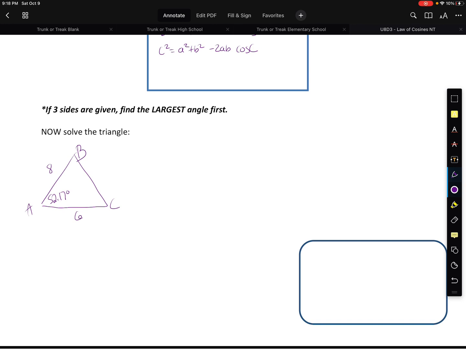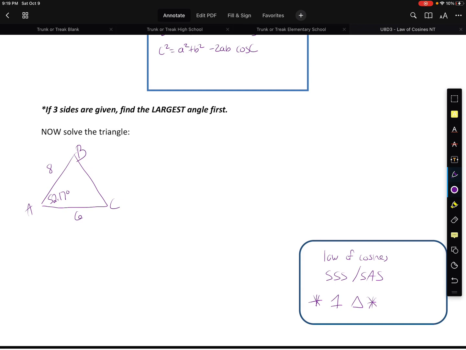The only way law of cosines can be used is if we have either side, side, side, or side, angle, side. And a positive thing is that if you use law of cosines, there's only one triangle, whereas you can have two triangles with the angle, side, side setup.